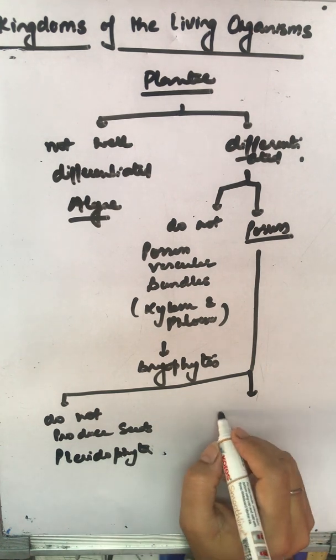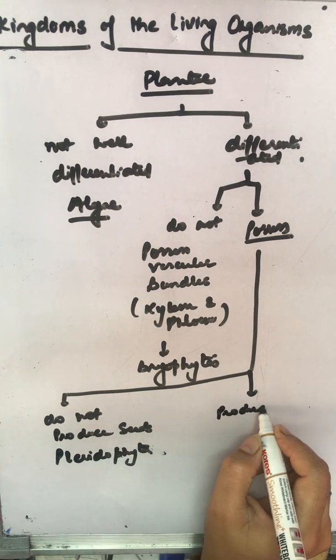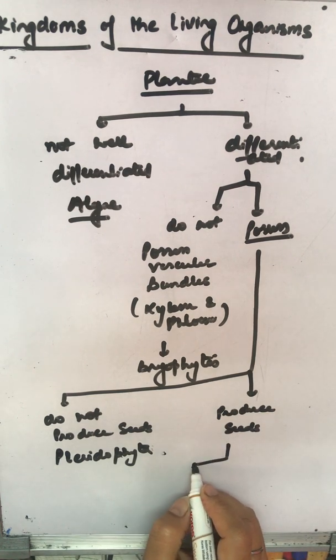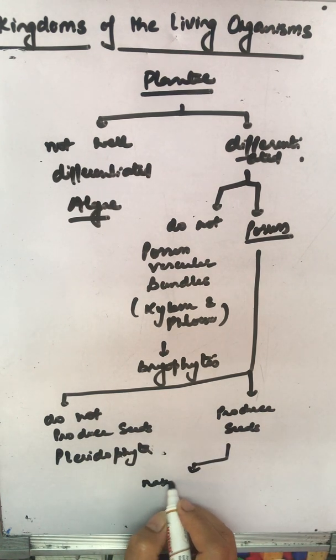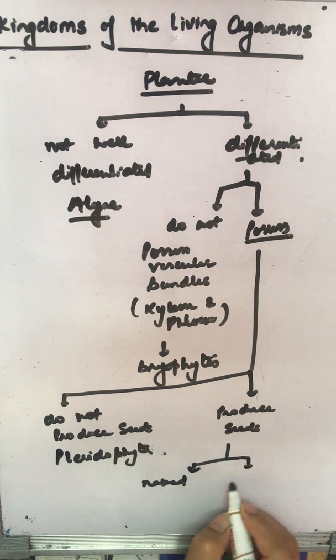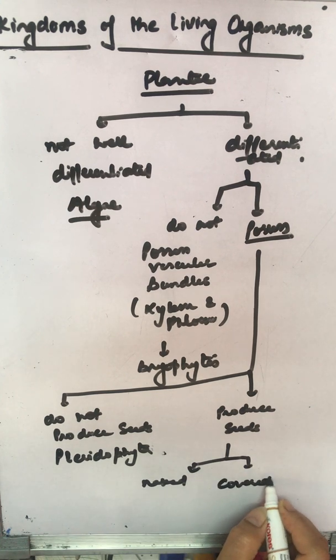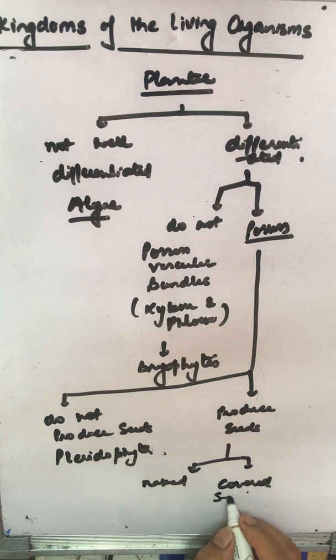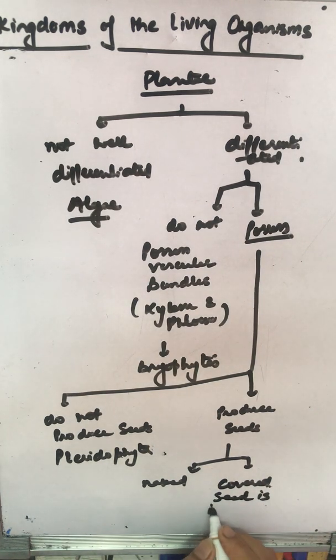When they produce seeds, either they produce naked seeds or they produce covered or enclosed ones, that means the seed is inside a fruit.